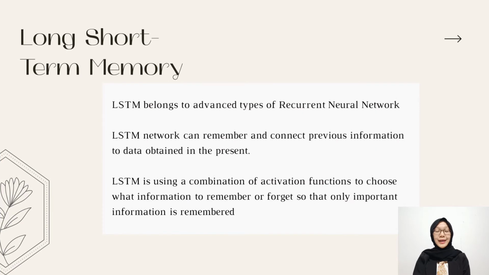The next one is long short-term memory, or LSTM. LSTM is an advanced type of recurrent neural network which can remember and connect previous information to data obtained in the present. LSTM uses a combination of activation functions to choose what information to remember or forget, so that only important information is remembered.